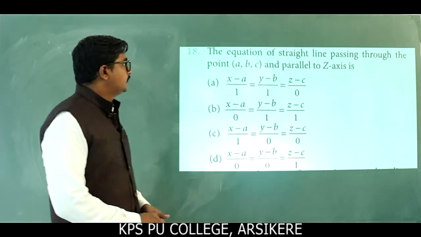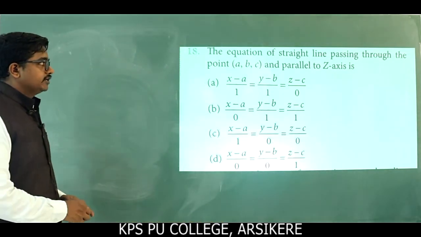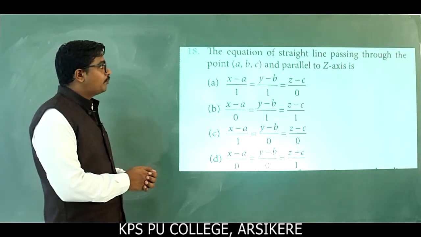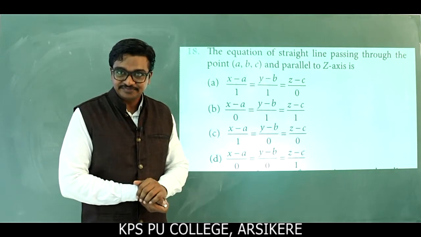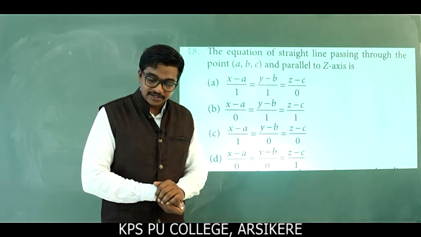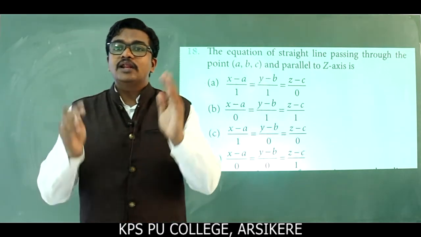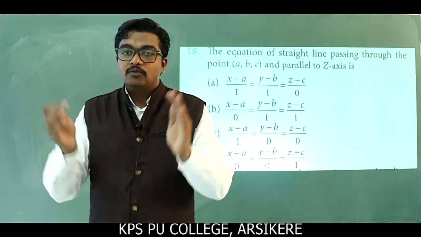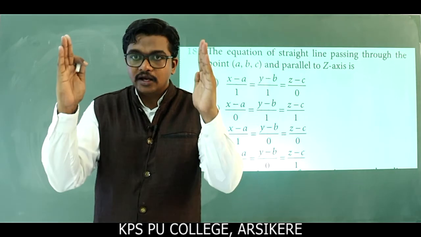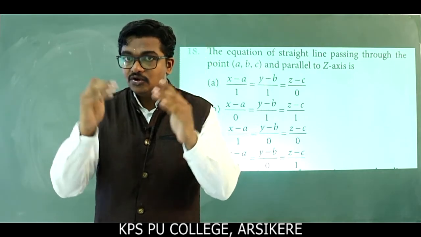Next one. The equation of the straight line passing through the point (a, b, c) and parallel to the z axis. Remember, the z axis is also a line, right? When the lines are parallel, corresponding direction ratios are equal.